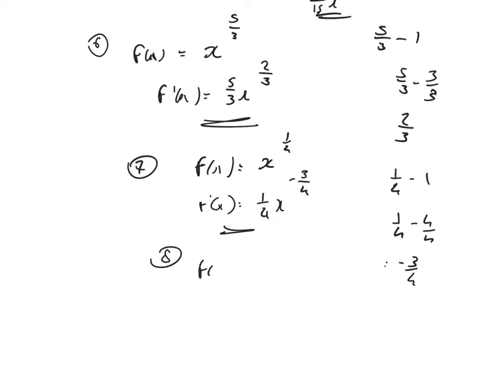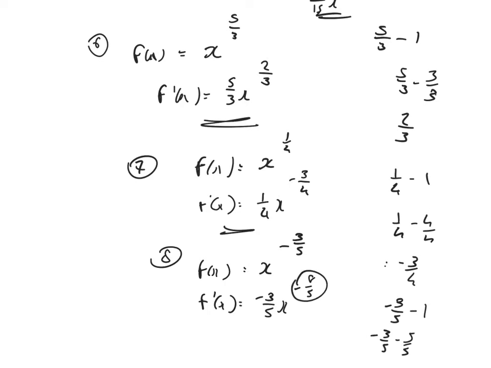Example 8, f of x equals x to the minus 3/5. Bring the power down, multiply, take one away from the power, so it's going to be minus 3/5 x to the minus 8/5, since it's minus 3/5 take away 1, minus 3/5 take away 5/5, which is minus 8/5.